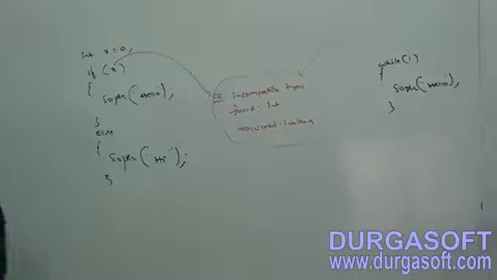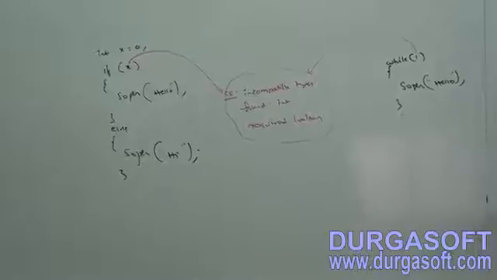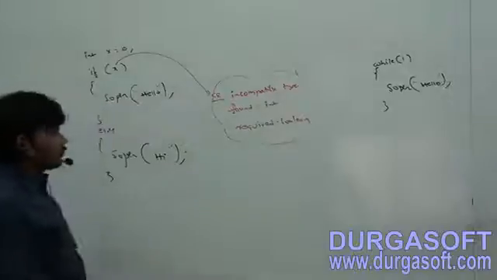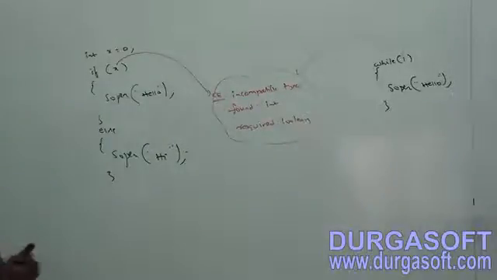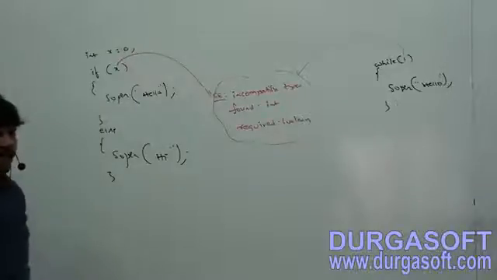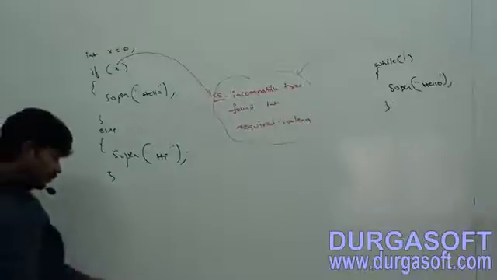While (1) SOP hello: incompatible types, found int, required boolean.